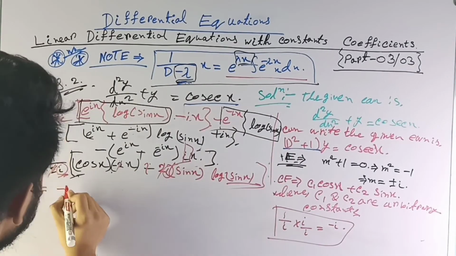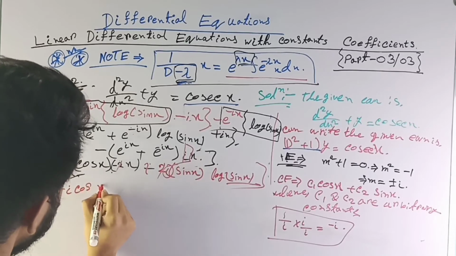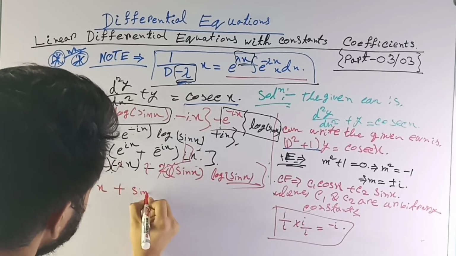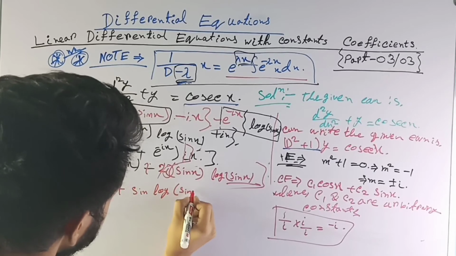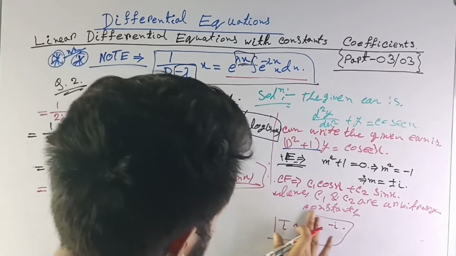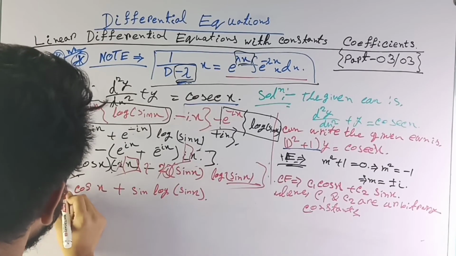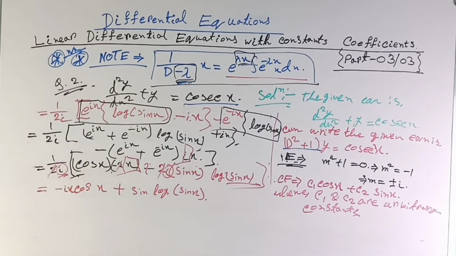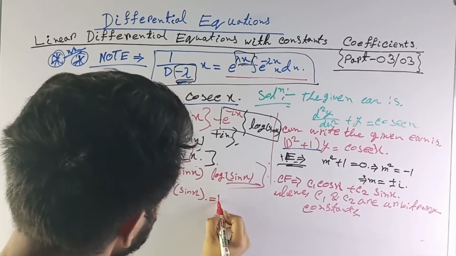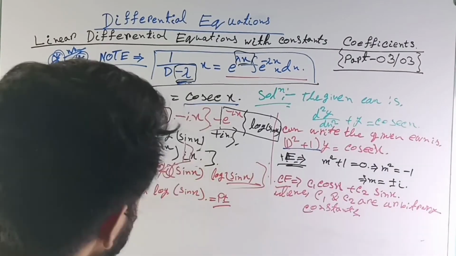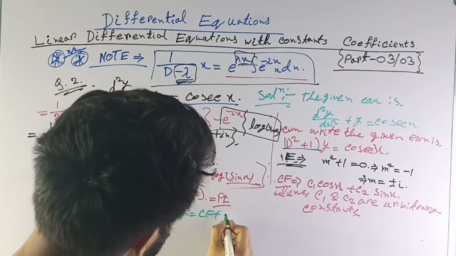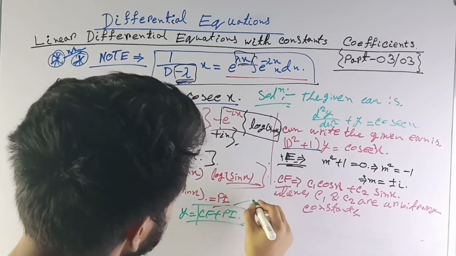So therefore first of all minus iota of x cos x plus sin x log sin x, that's it. So now we can write it in this format, minus iota x cos x plus sin x log sin x, this is the PI, and here y equals CF plus PI, that's it.